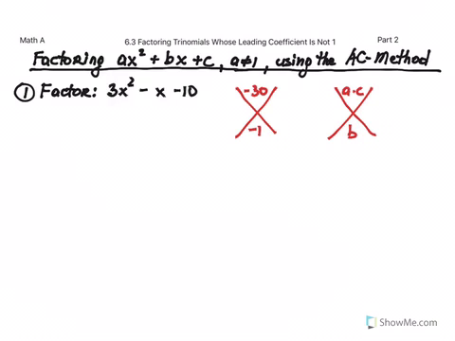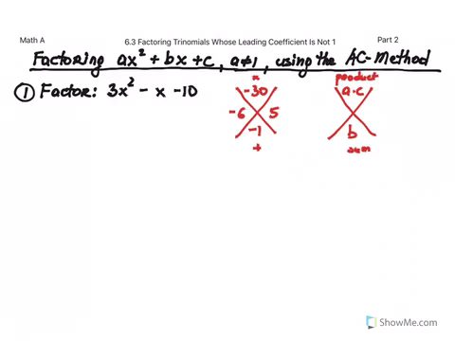Now our job will be to find two integers whose product is negative 30 and whose sum is negative 1. Can you think of those two numbers? The two numbers are negative 6 and positive 5. They multiply into negative 30 and add into negative 1.